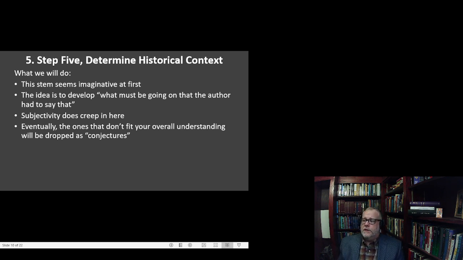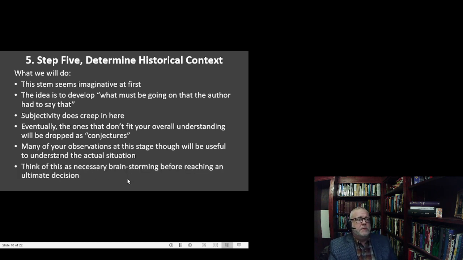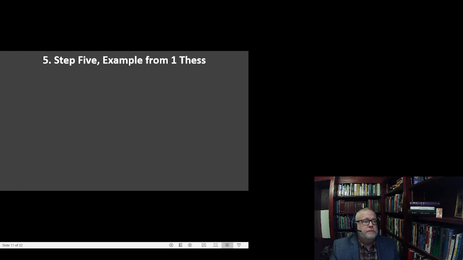Eventually, the ones that don't fit your overall understanding will be dropped as conjectures. So you don't need to worry about doing too many subjective things here. Many of your observations at this stage, though, will be useful to understand the actual situation. Think of this as necessary brainstorming before reaching an ultimate decision.